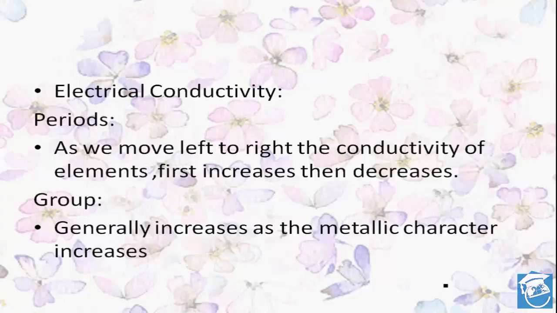You will learn the details in future sections or in higher classes. So it is called a semiconductor. So friends, then it keeps on decreasing just because we move towards the non-metals.